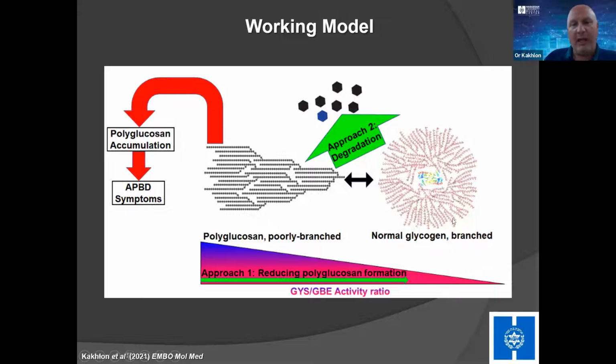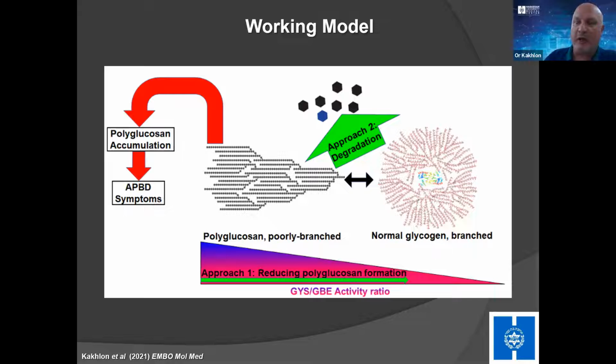Another approach, which we think is more effective, is just to degrade the pathogenic factor, to degrade polyglucosan. Why is there an advantage to this approach? Because it tackles all the polyglucosans that are there, and not only the new ones. In the other approach, you only affect the formation of the polyglucosans.